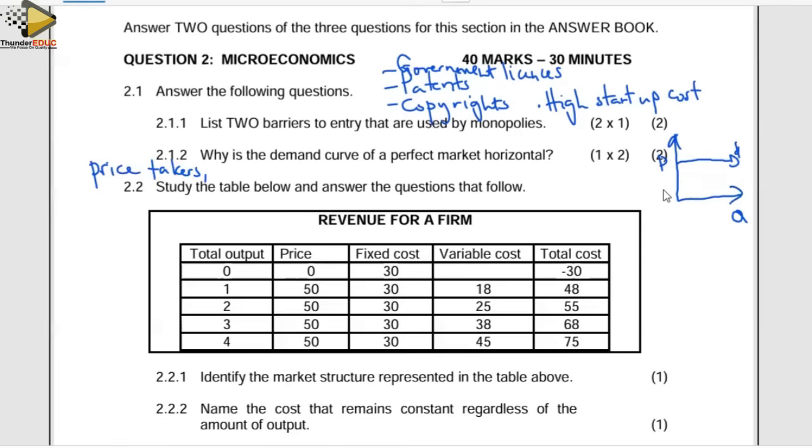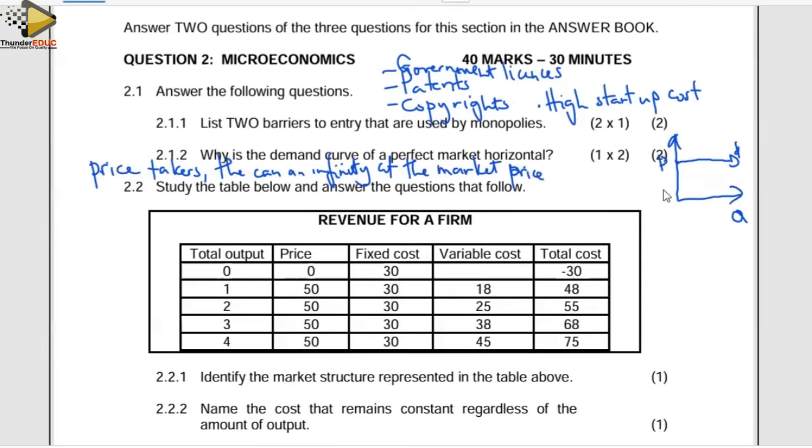So it means the price which is determined is at P, and they can sell an infinite quantity at the market price.